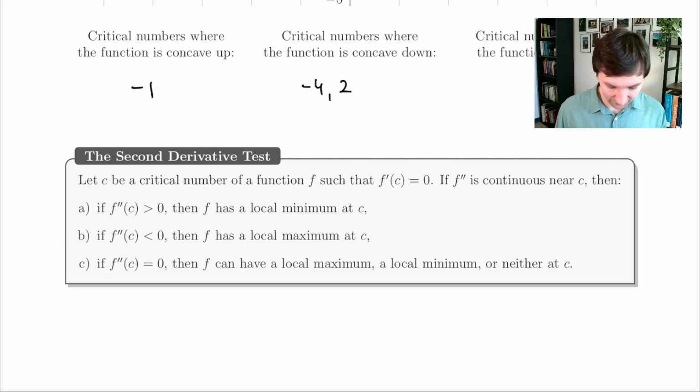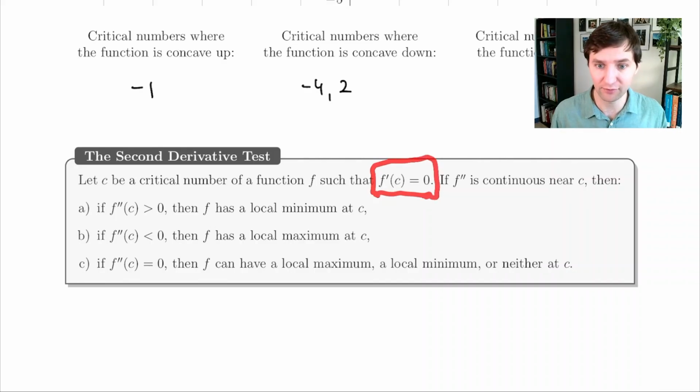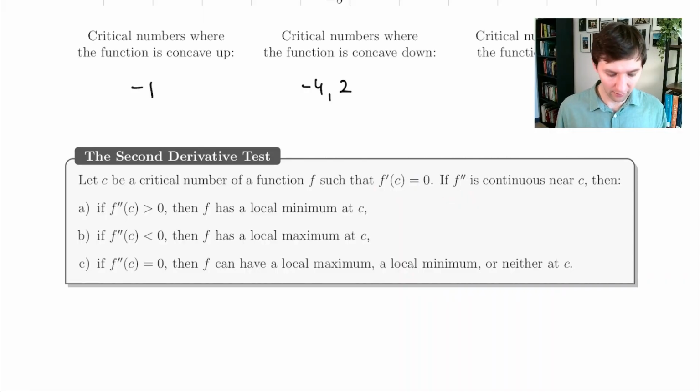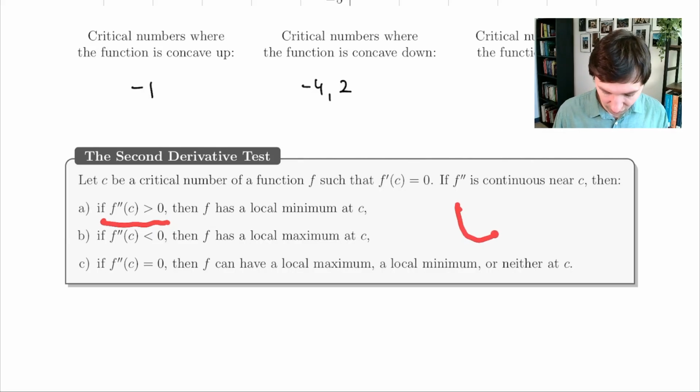If you are given a critical number c such that the derivative at that number is 0, that is the reason why c is a critical number, then as long as the second derivative is continuous, you know that the second derivative being greater than 0 implies that the function is concave up, telling you that you have a local minimum there.